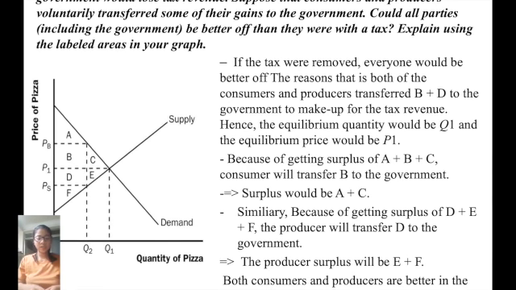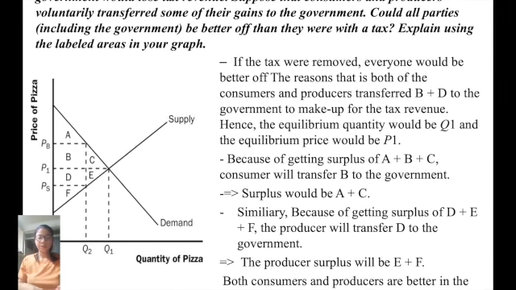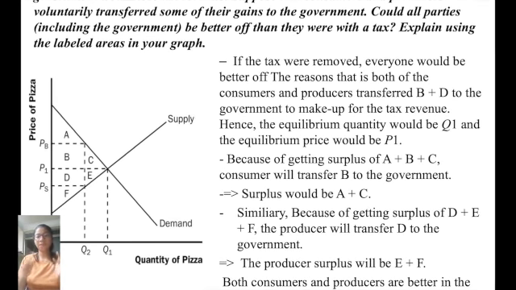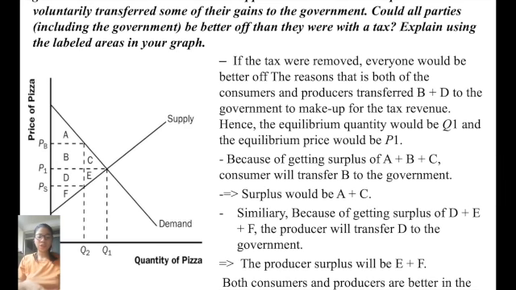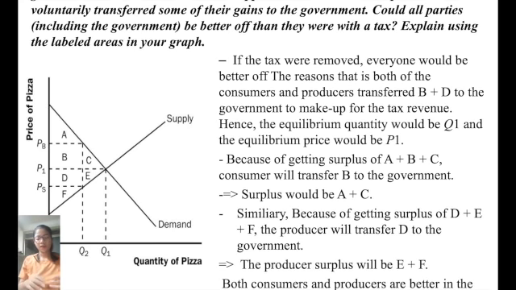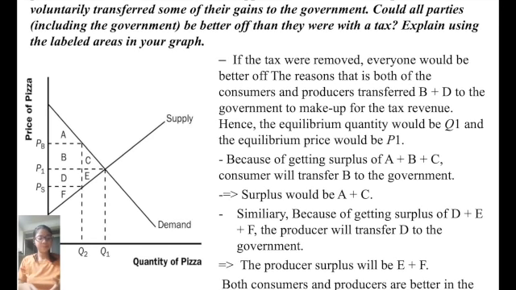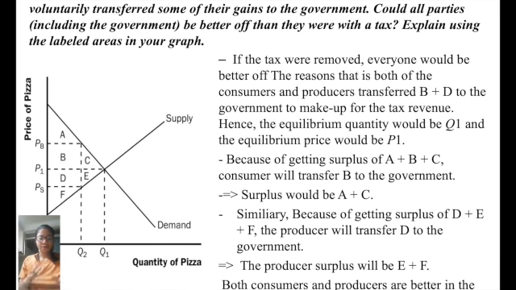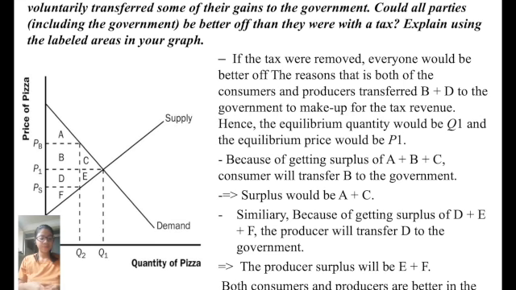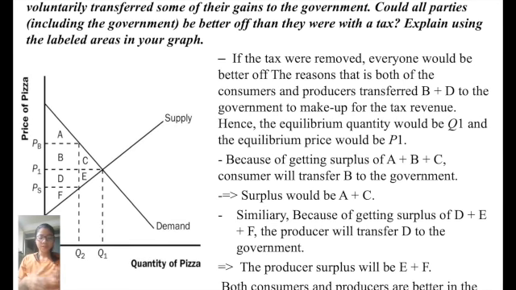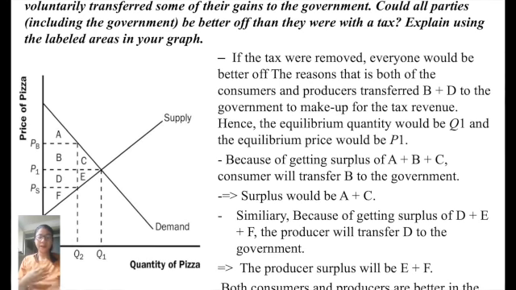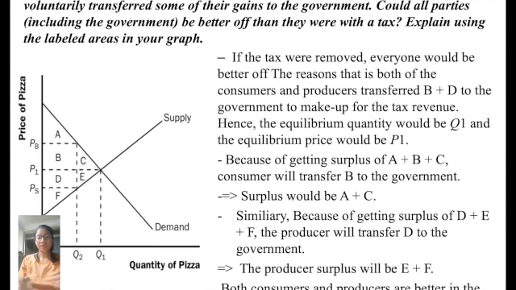Similarly with the producer, because of getting surplus of D plus E plus F, the producer will transfer the area of D to the government. As a result, producer surplus will be the area of E plus F. Both consumers and producers will be better off in the case without tax.